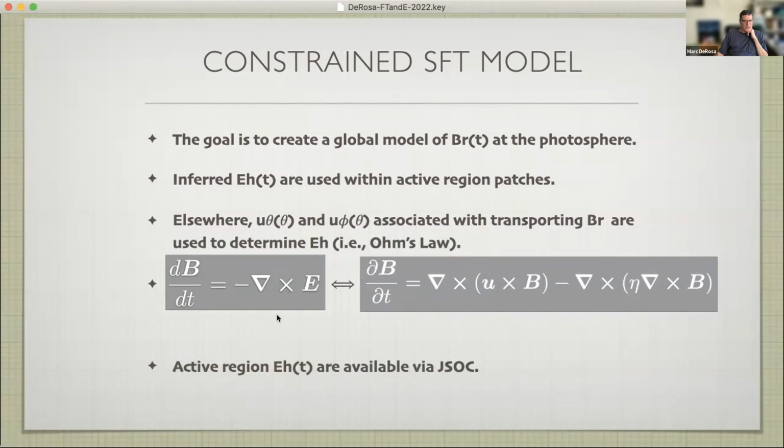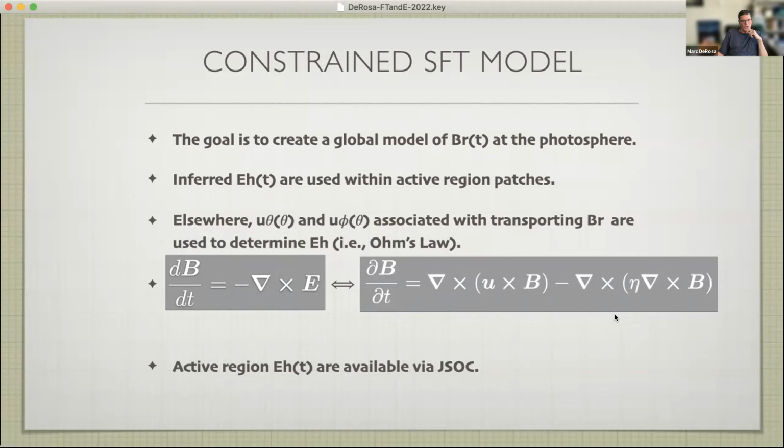Here is Faraday's law, again in non-dimensional units because the c is missing, and here is the magnetic induction equation. You can see there's a correspondence between these two things. In particular, in the induction equation, everything on the right is the curl of something.